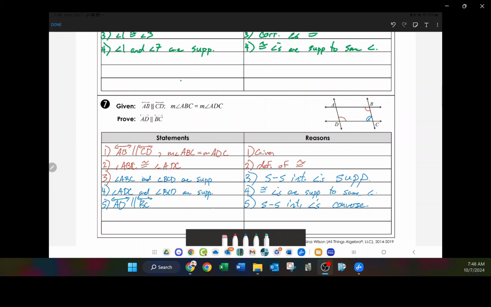So again, with the proofs, look at what you're given, what you can use with your given, look at the diagram, what you can use with your diagram, and look at the proof and think, what are my only ways I can prove that these lines are parallel? One of the only ways I can prove that these are congruent. They kind of go backwards from there.